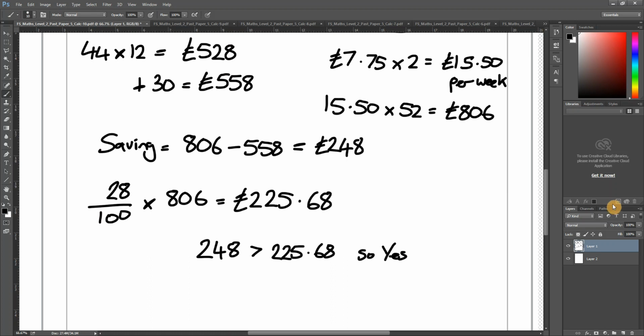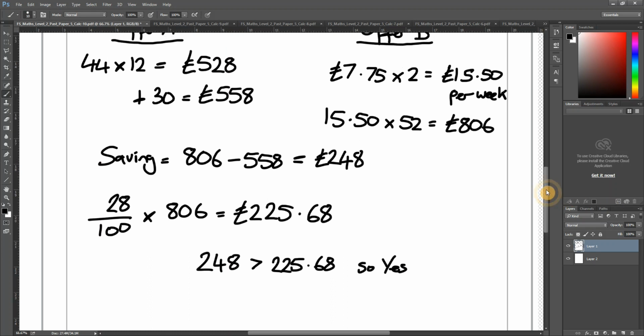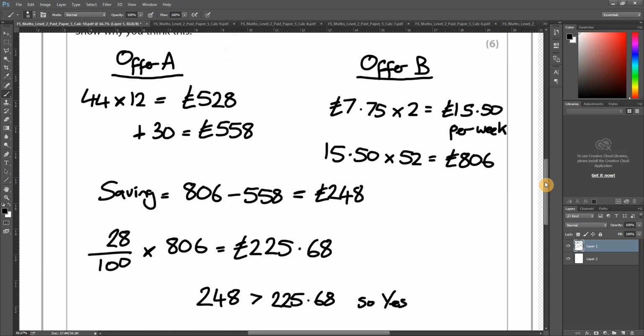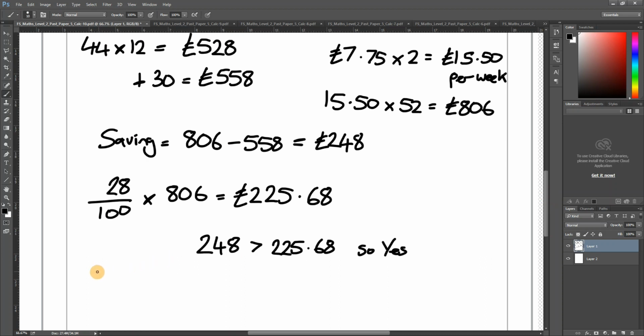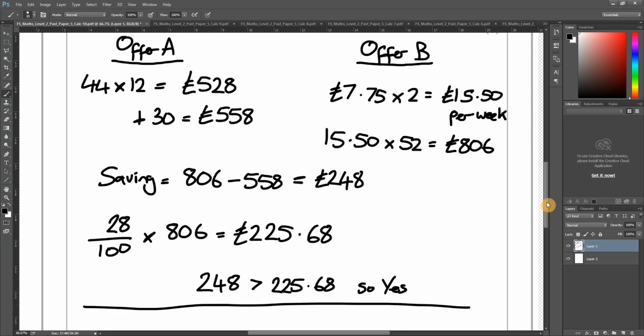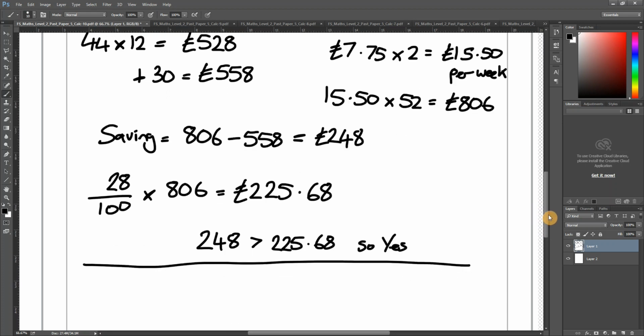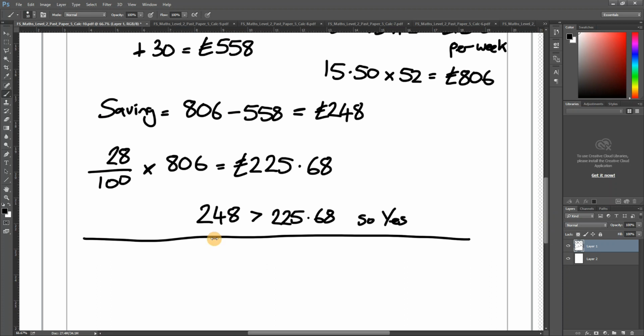Yeah, that's one way of doing it. You could work out what percentage saving it is, in fact. Let me try that different way. So you could have done 248, the saving, out of the original, what was it, 806.